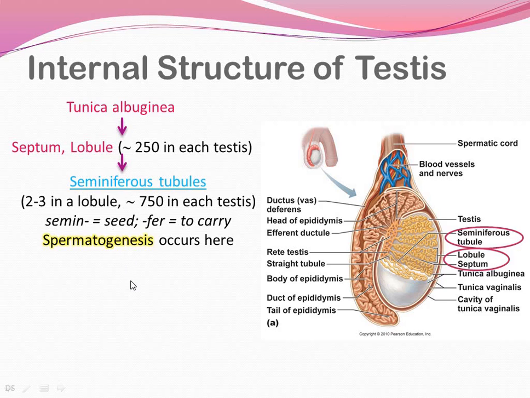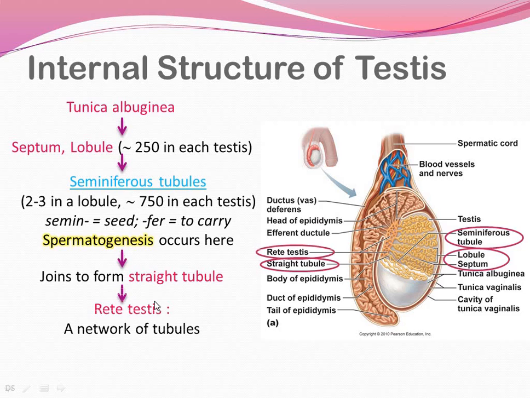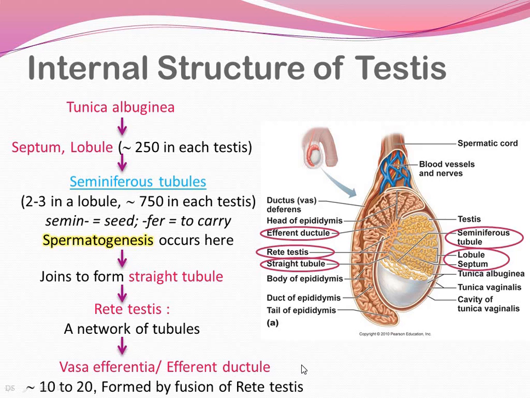Okay, so again revising, seminiferous tubules. From seminiferous tubules, now there are straight tubules. These straight tubules connect the seminiferous tubules to form rete testis, right? So there is a network of tubules. This rete testis will now move its content into this structure, which is called the vasa efferentia, right? Remember that vas deferens is a huge structure, right?